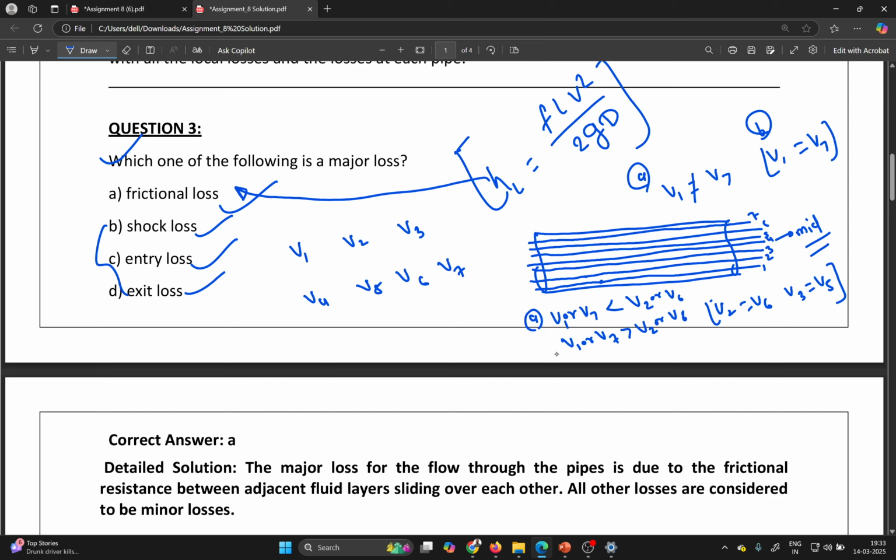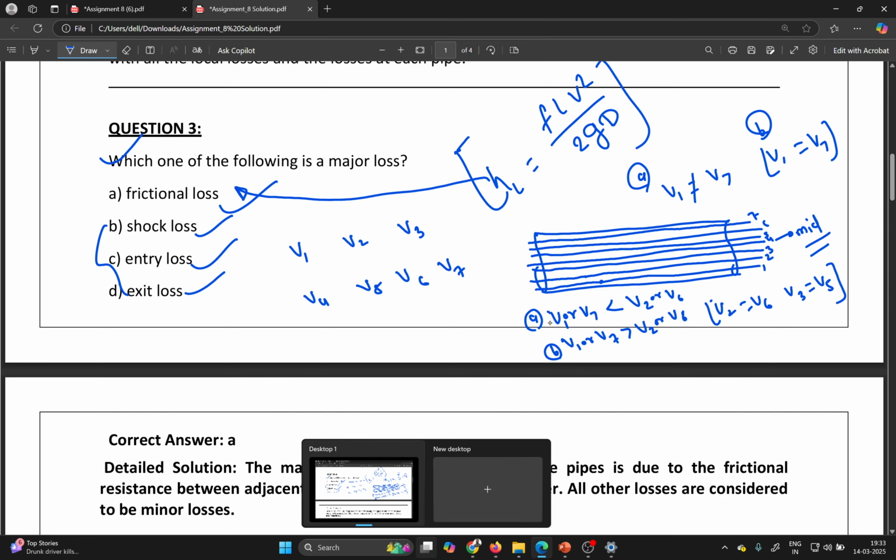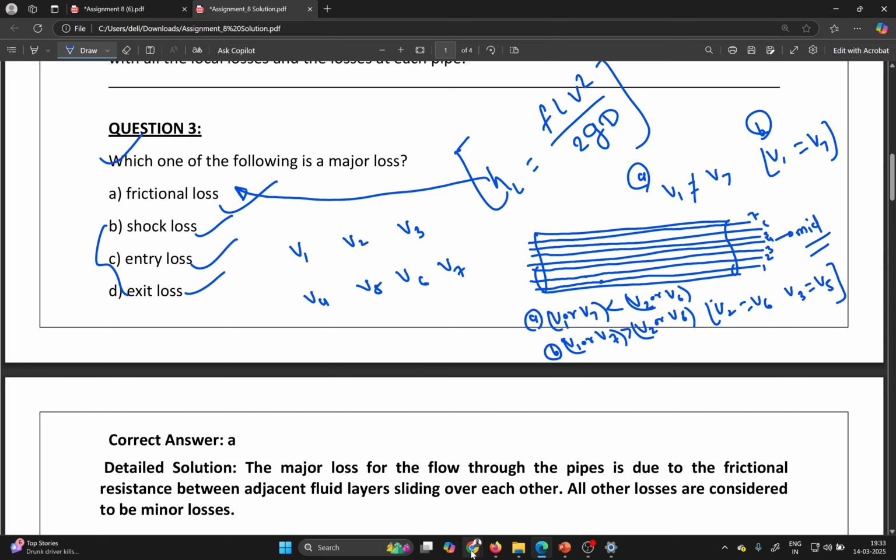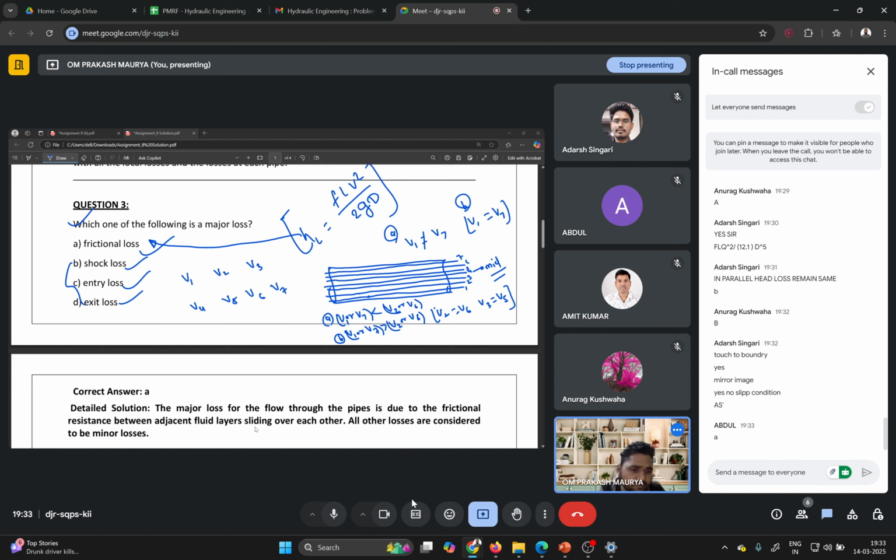This is option A and this is B. Which one will be correct? Let me write in this way. Which option will be correct?